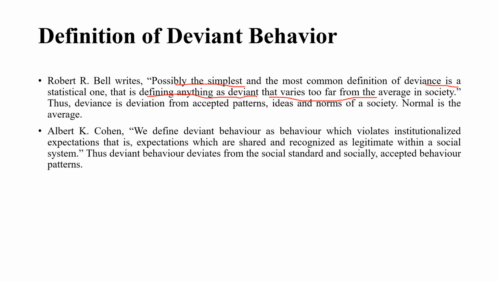Average is something common, something general, something on the basis of which people usually predict about the society. So when a behavior is not the same and is very far from that normal behavior, then it comes into the category of deviance, right?